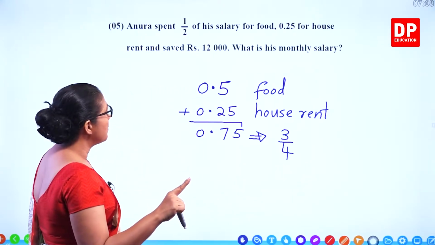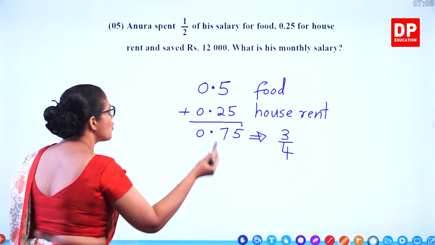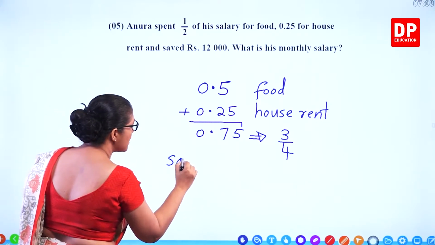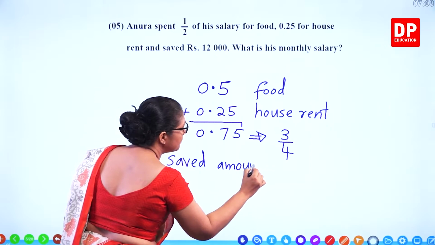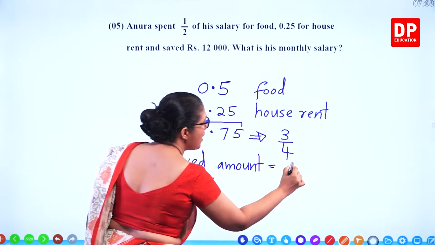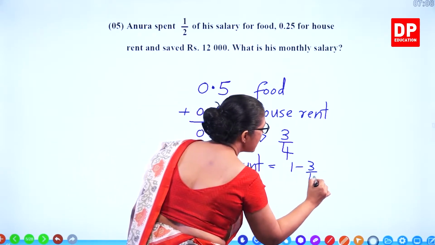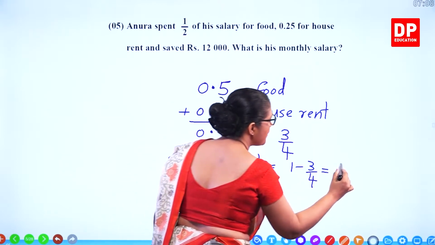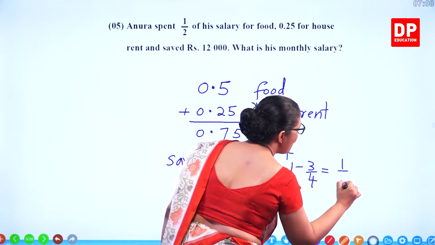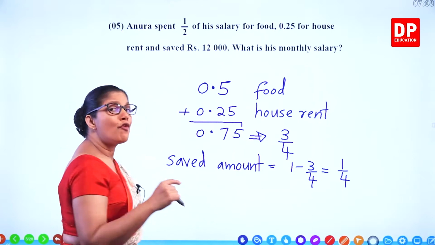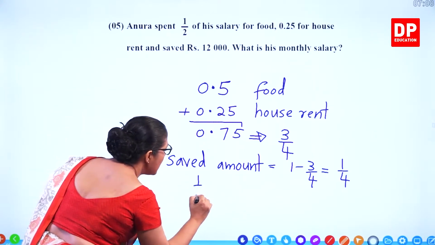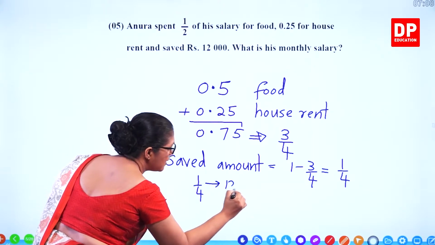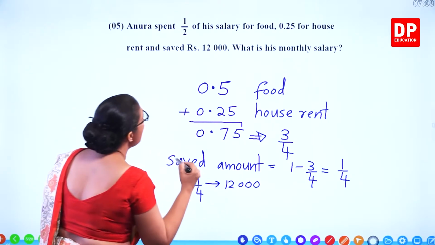3/4 amount is used. So what is the saved amount? Saved amount is 1 minus 3/4. That's 4 minus 3. That's 1/4. So 1/4 is the saved amount. So that amount is 12,000. So what is his salary?